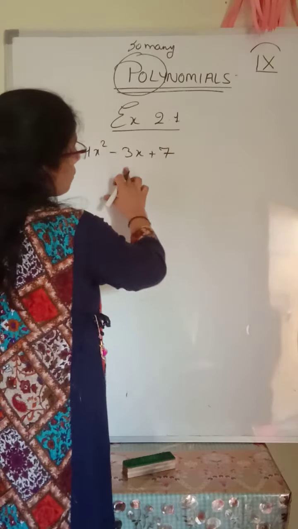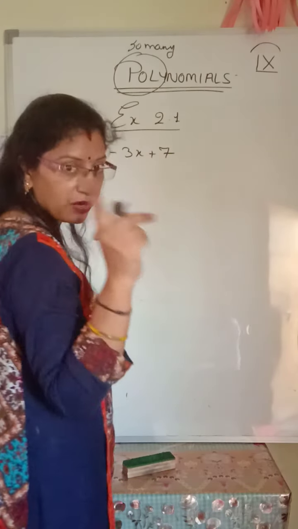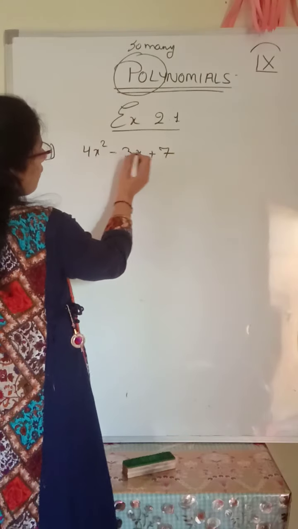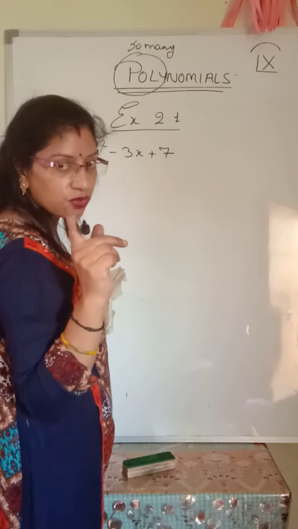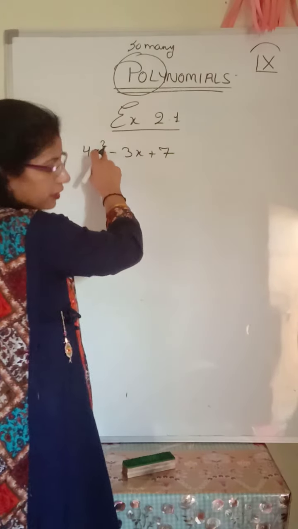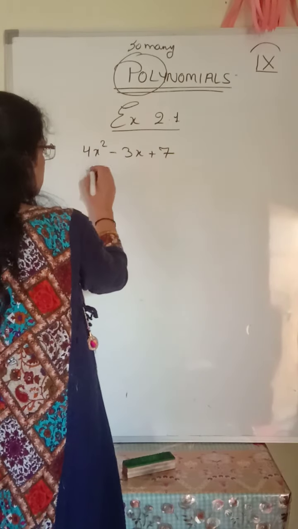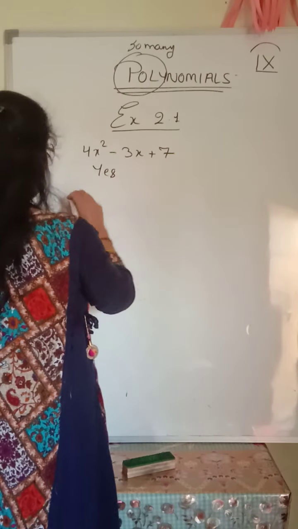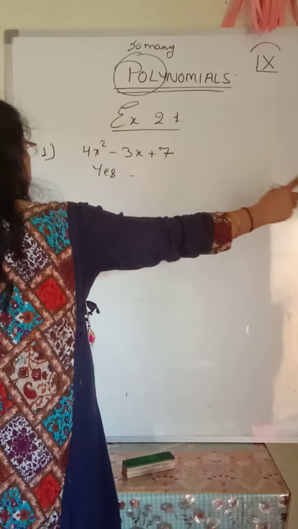See, they are saying polynomial in one variable. So the whole polynomial is having variable x. So it has only one variable and it is also a polynomial. Which polynomial? Quadratic polynomial. Okay, trinomial. So yes, we can write this is a polynomial in one variable.